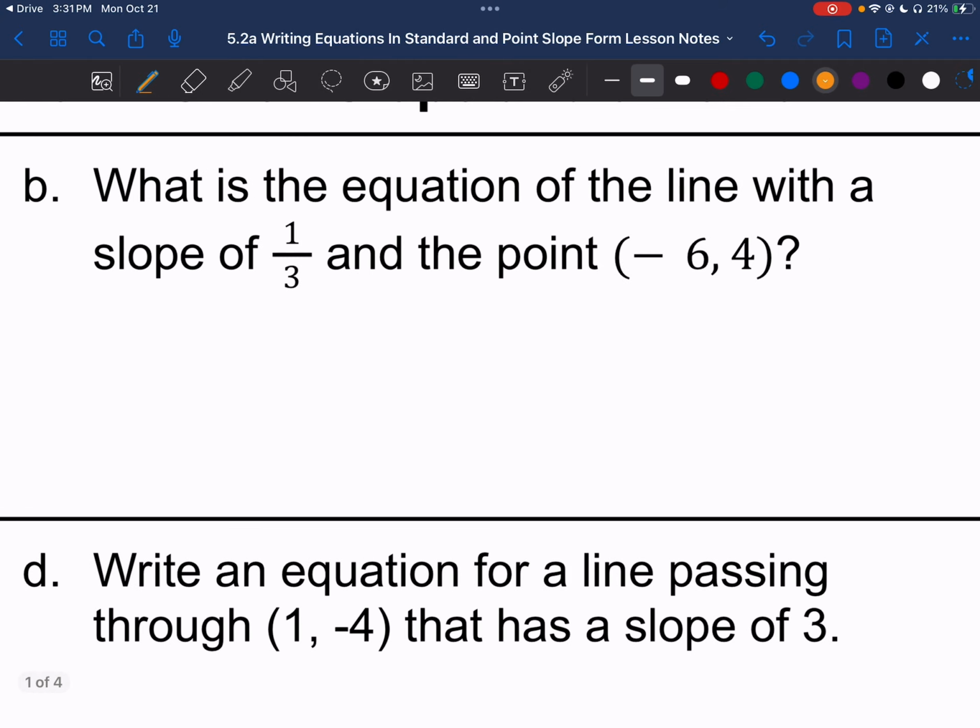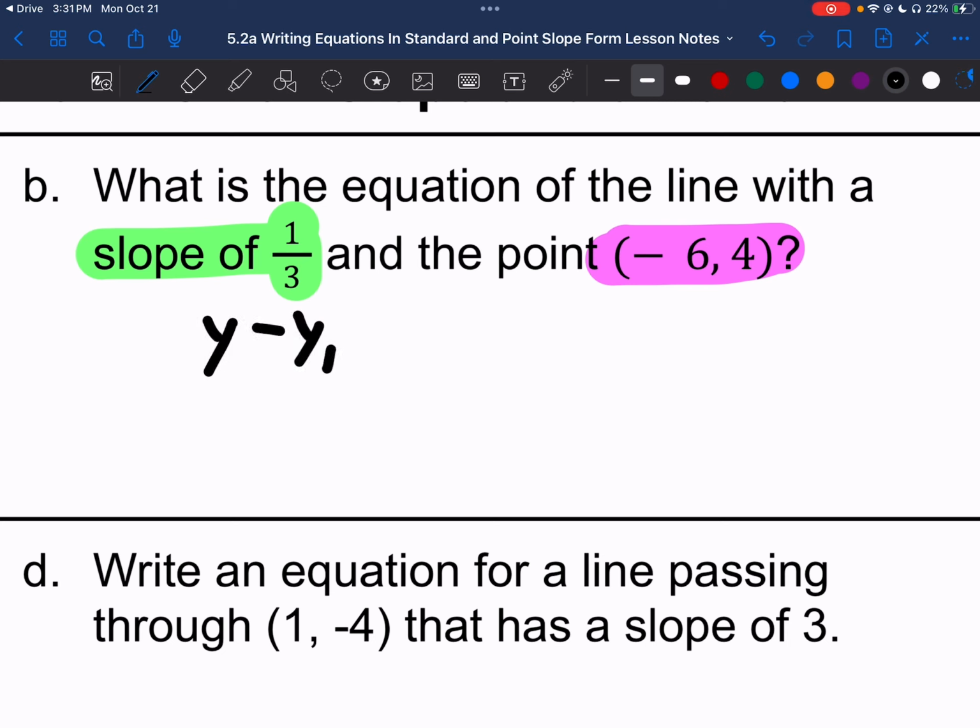So, letter B. Let's highlight our important pieces of information. What is the equation of a line with a slope of 1/3 and it's going through the point -6 and 4? Hey, that looks like a problem we've done before. But let's write our generic form. y minus y1 is equal to m times x minus x1. Now, I'm going to substitute in the values that I know.